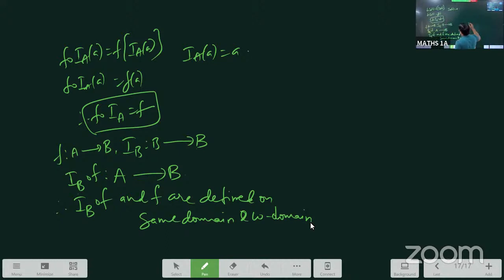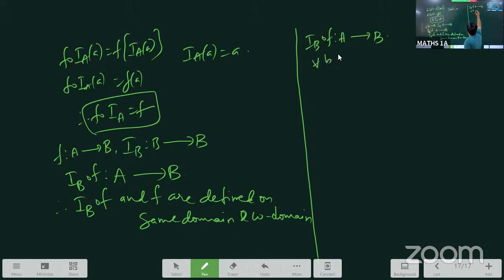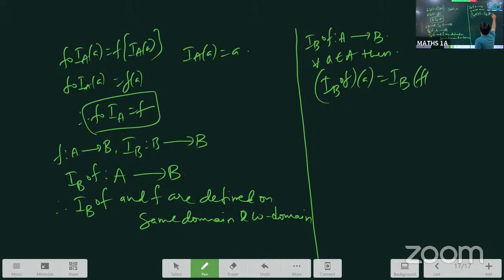Is it clear? Now, again, Ib circle f is mapping from A to B. Now, for every a belongs to A, its image Ib circle f of a, which I am going to write as Ib of f of a.